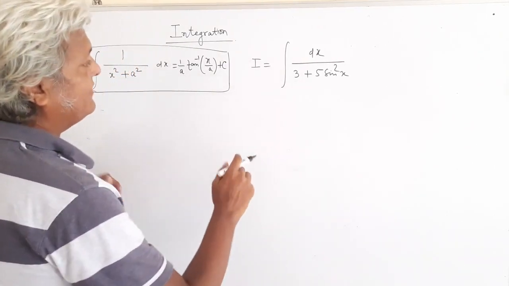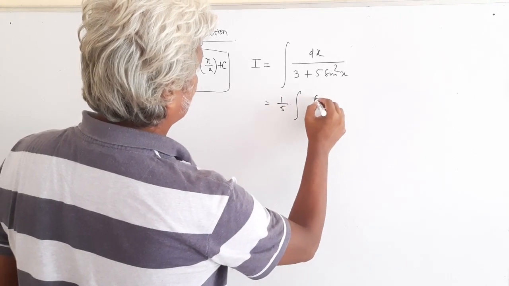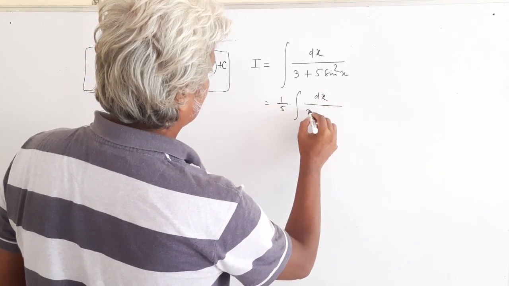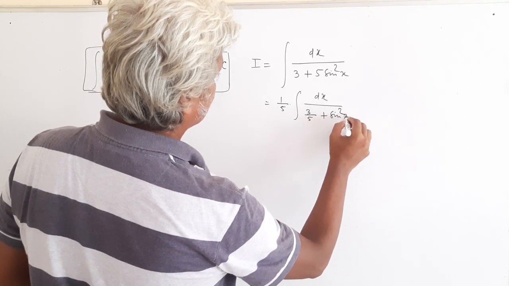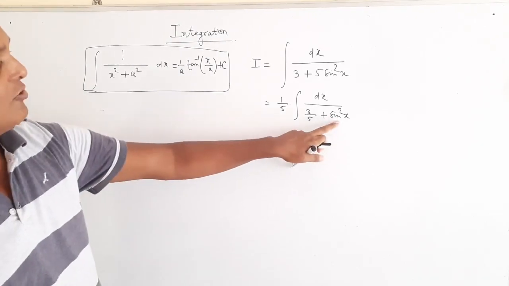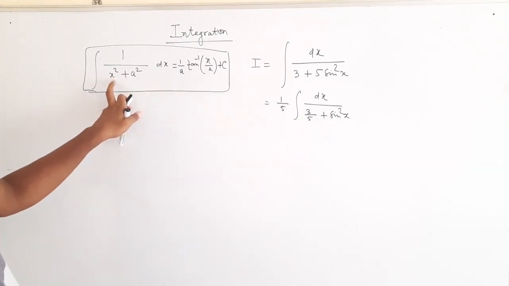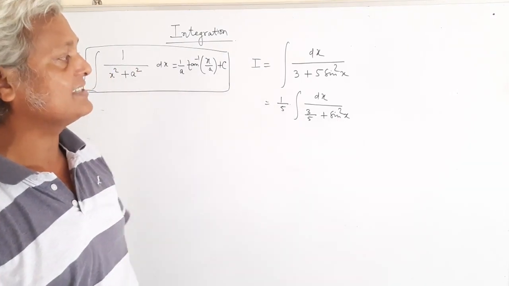If you take 5 common, then you can have dx over 5 times 3 upon 5 plus sine square x. So sine square x is different from x square because the differentiation of x is 1, but the differentiation of sine x is cos x.